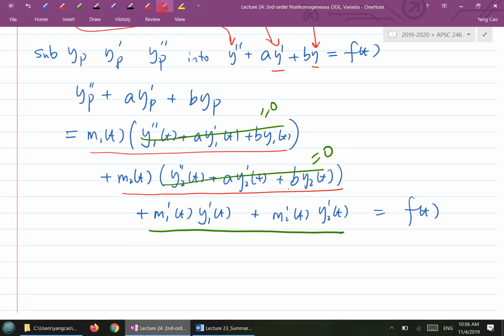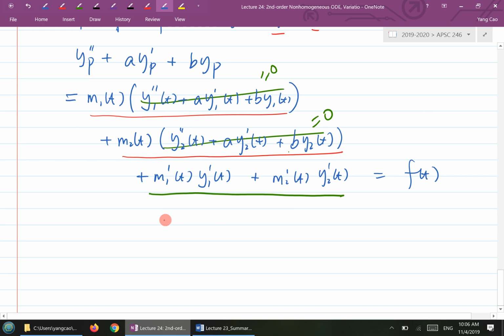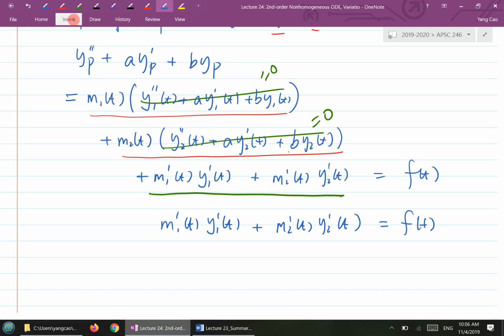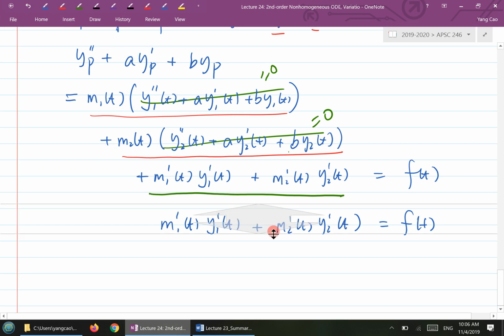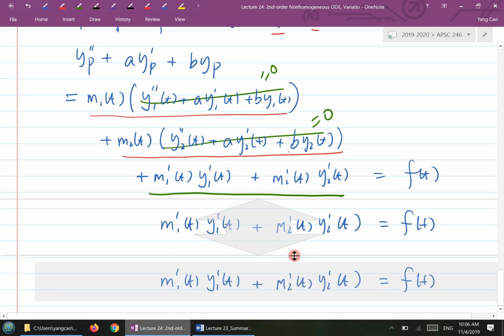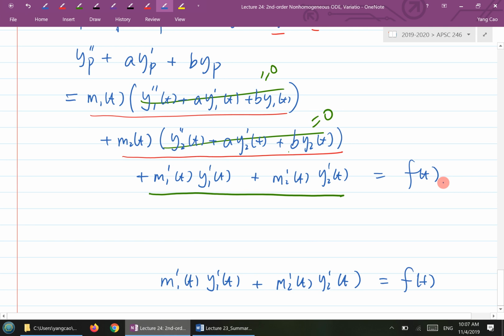So now we have a very simple connection. For just a second here, let me insert a little bit of space. So basically from here you get that expression.